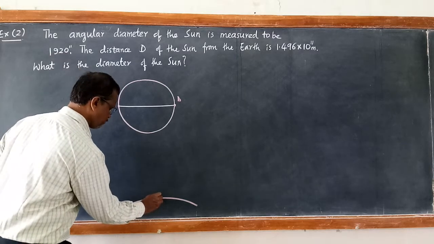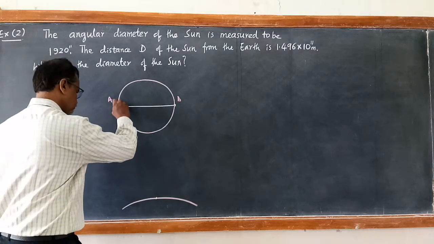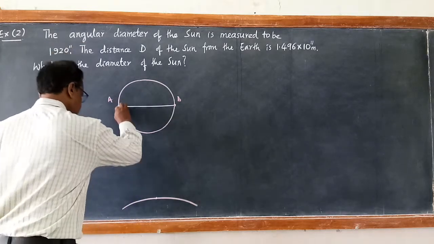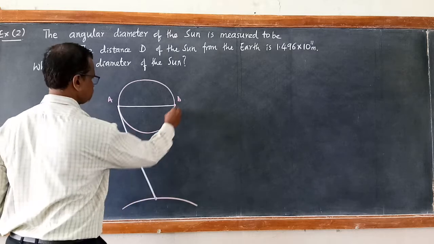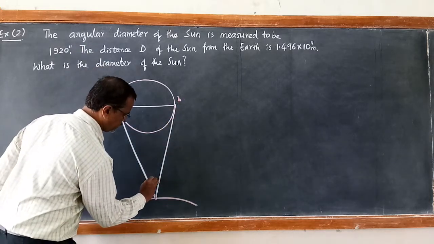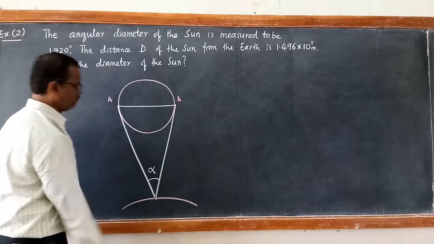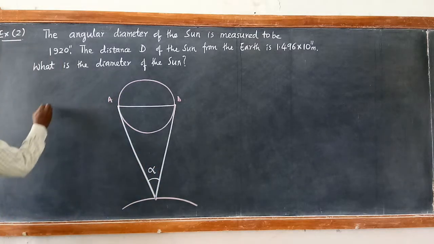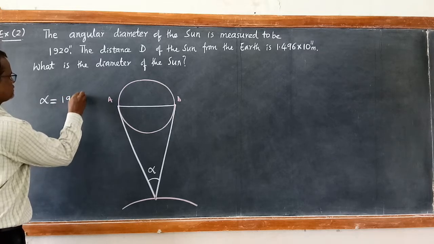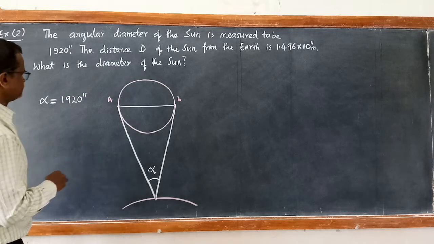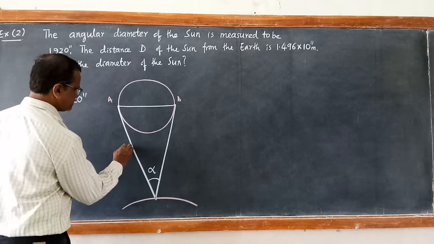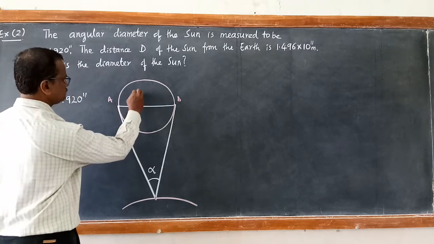From this observation point, draw the line. So this angular diameter is given as alpha. The alpha value is 1920 seconds of arc angle.